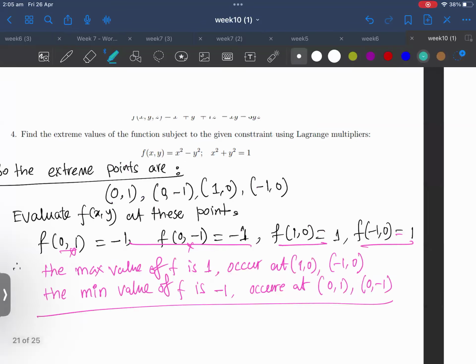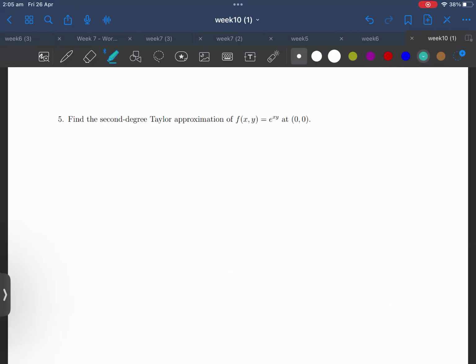Okay. Now, question 5. Find the second degree Taylor approximation of f of x, y equal to e to the power xy. So to solve these problems, we need JF and HF, Jacobian and Hessian.